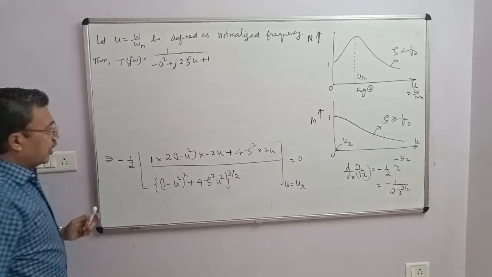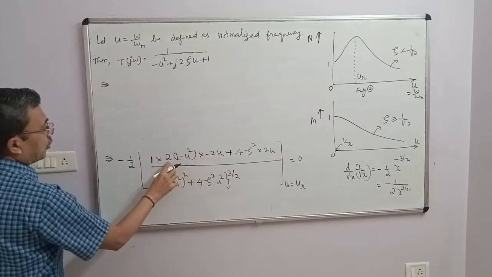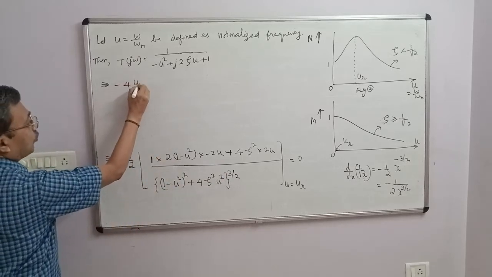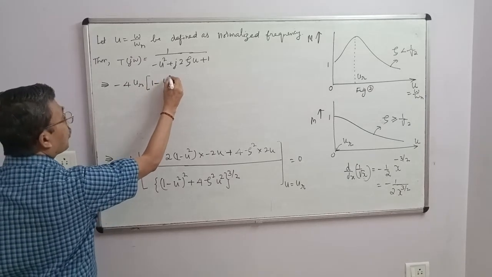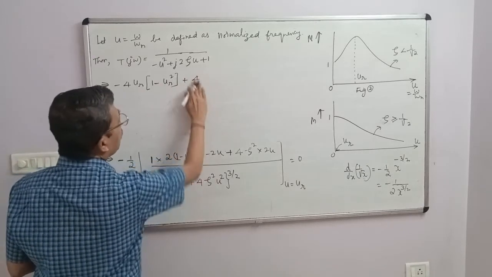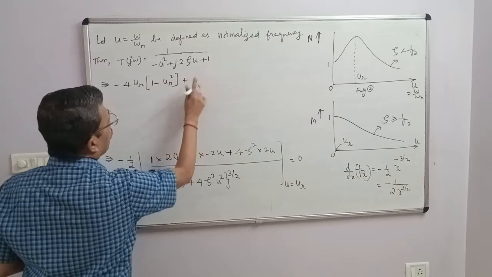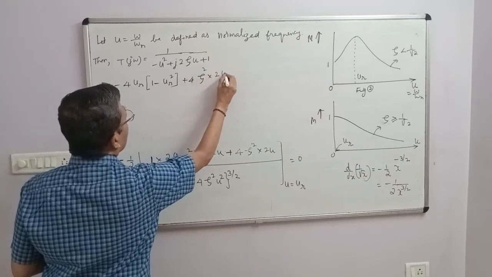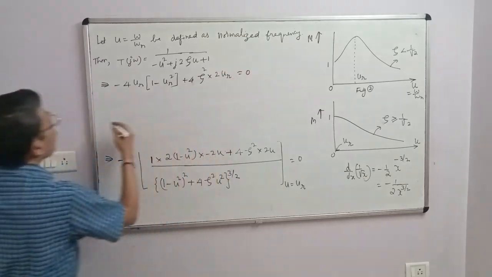Cross multiplying, we get, this implies minus 2 into minus 2 is minus 4. Minus 4 times UR into 1 minus UR square plus 4 into 2 is 8, 8 times zeta square into UR is equal to 0.